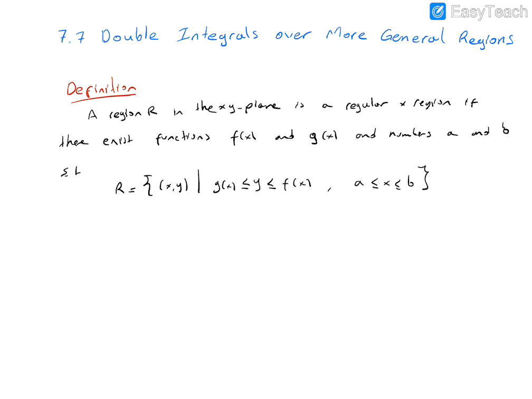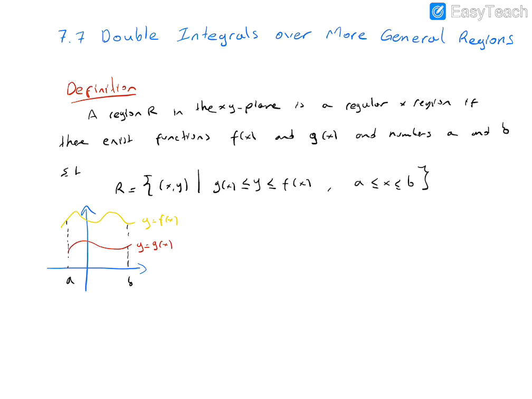So what is the geometry of this region? Y changes between g of x and f of x. So let's sketch the graph. For example, this is y equals g of x, and that is the y equals f of x graph. So x changes from a to b. This is a, this is b.